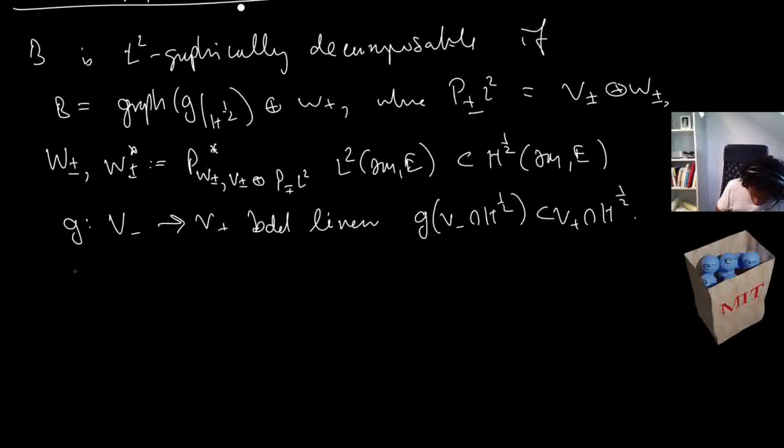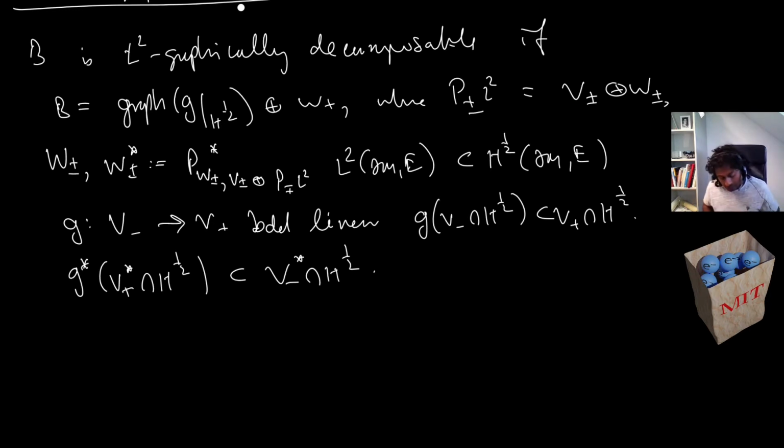And also we have the same for the adjoint. So the adjoint restricted to V plus star intersect h half maps us to, it's contained in now V minus star intersect h half, right? So this is what it means for B to be graphically decomposable.